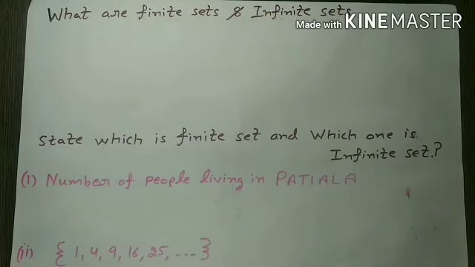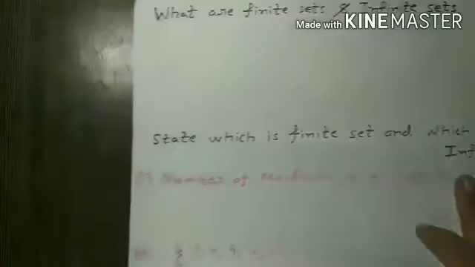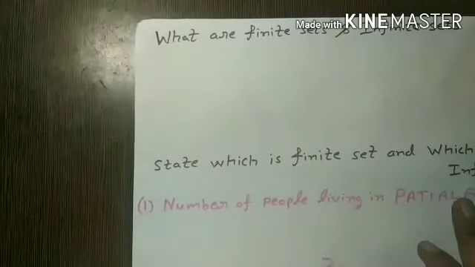Now I will give you some examples to clear the concept of this definition. Students, a finite set has members that can be counted, but the infinite sets are those sets where the members are countless. Just like this, you can see the example of a finite set.